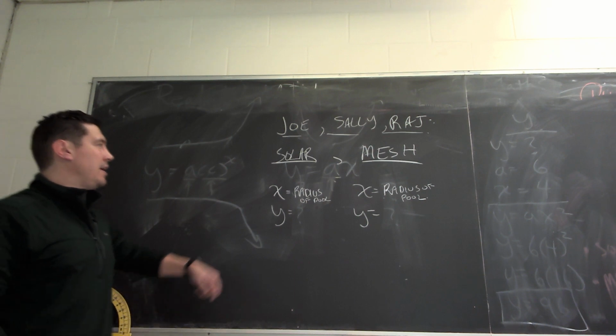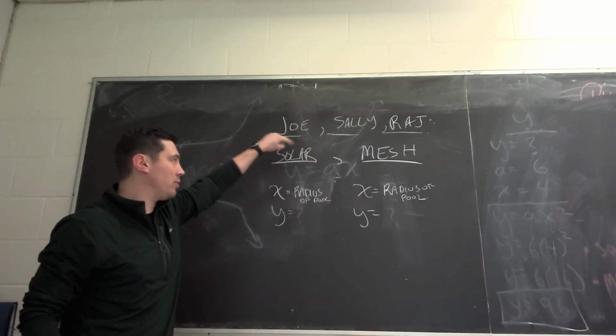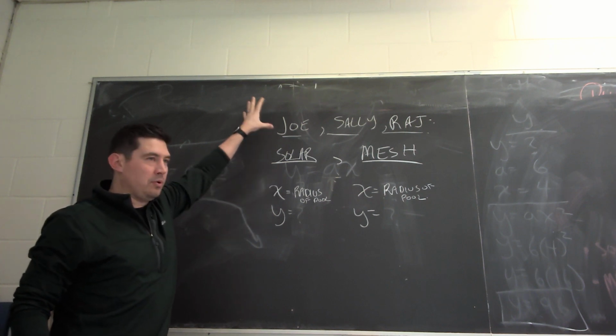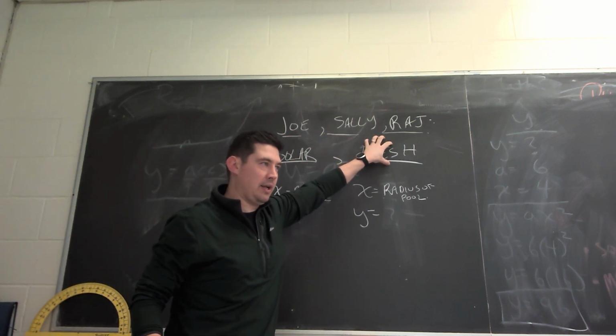What's important about that is if I use the rule for solar and figure out the size of Joe's pool, that size is not going to change whether I'm using this block or this block here.